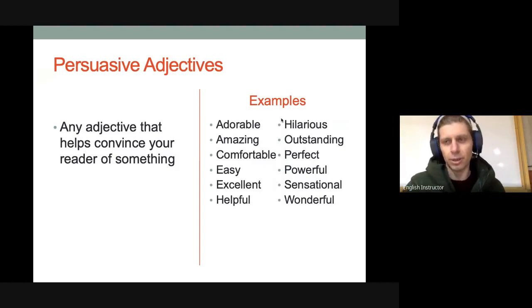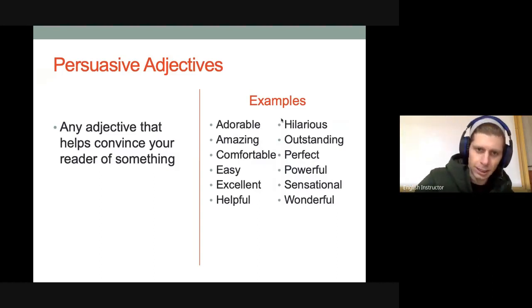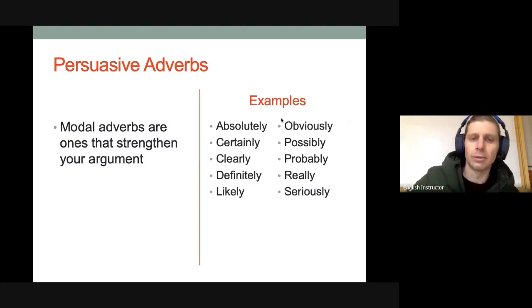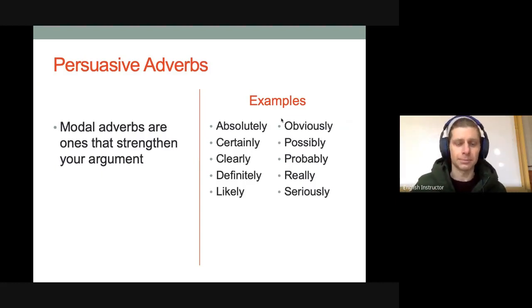But adjectives are going to be used to describe nouns, but we can also use persuasive adverbs, right? And so the modal adverbs are the ones that we're going to be mainly focused on, but they're ones that are going to strengthen our argument.